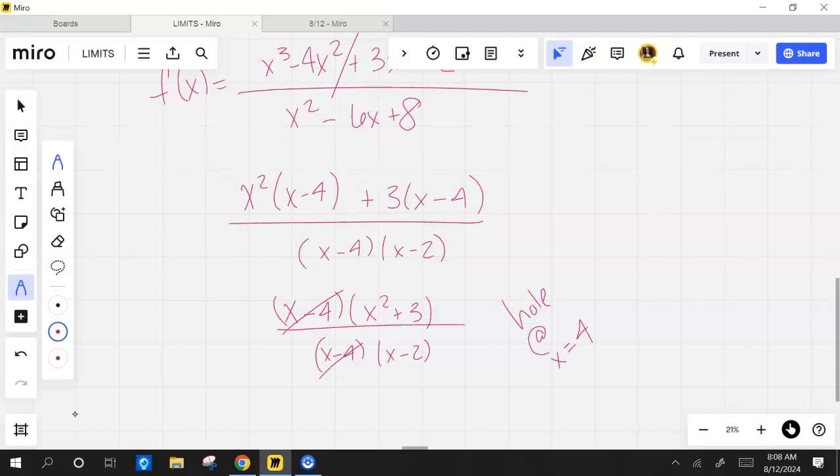Top heavy, bottom heavy, same. Top heavy, no horizontal asymptotes. Bottom heavy, y equals 0. Same, dividing by the leading coefficient. We'll refresh on that whenever we get there in another day or two. This one's top heavy, so no horizontal asymptotes on this one.